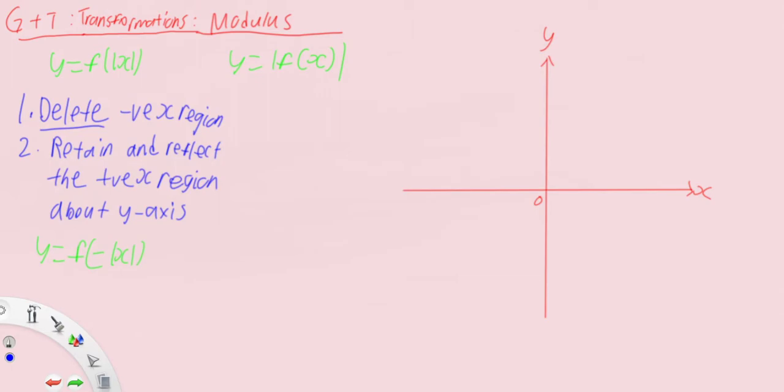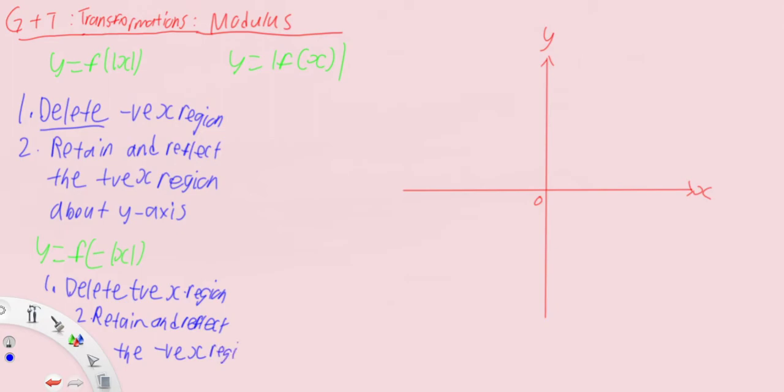That means instead of deleting the negative x region, we will now delete the positive x region and then retain and reflect the negative x region again about the y-axis. Because as I already mentioned just now, your positive x values would give you the same values as the negative x values, and therefore you just need to delete whatever's in the positive x region and then reflect the negative x region.